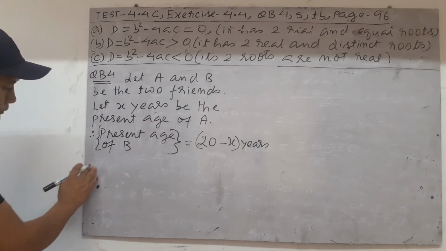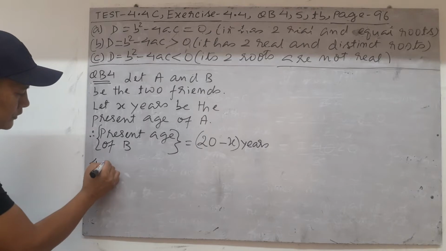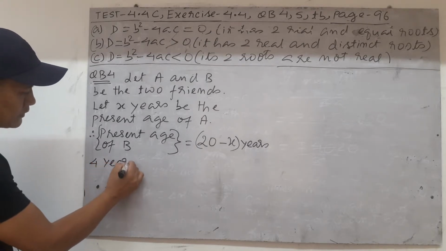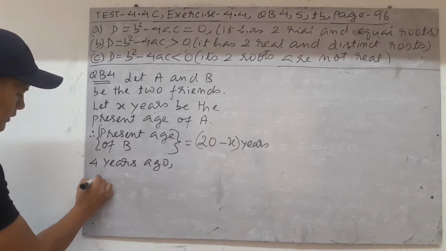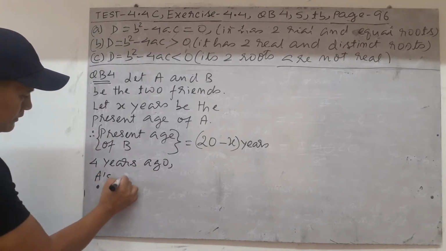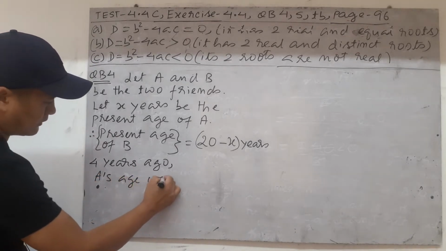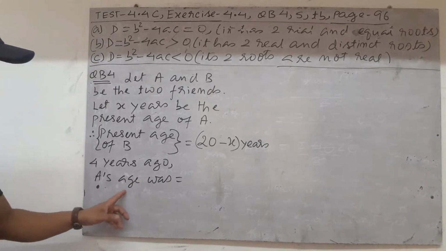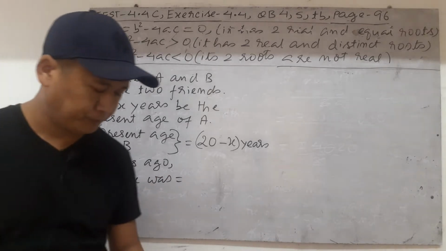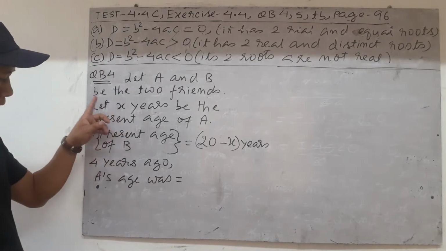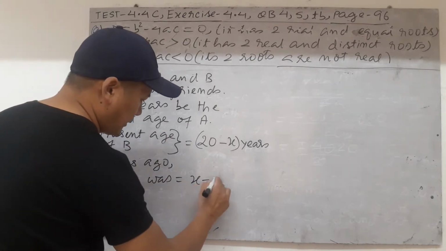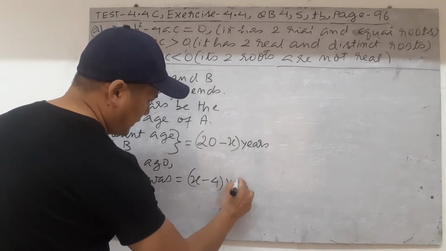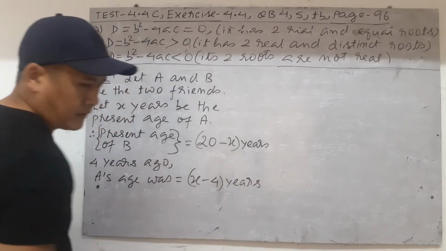So let's write here. Now 4 years ago means in the past. 4 years ago, A was, because it's in the past, I'm using the past tense was, okay. So now A's present age is x, so 4 years in the past, it will be present age minus 4 years. I hope you're getting it.